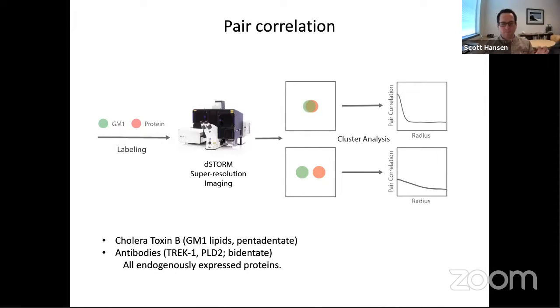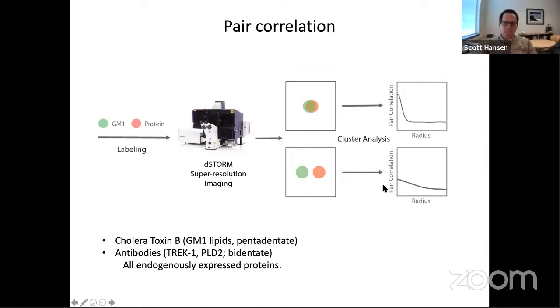So the way we do this is we have to dual label. We label the lipid, usually we're labeling GM1 domain, and then we label the protein. And then we do what's called a cross-pair correlation, where we statistically see how close these things are together. If they're paired in this analysis, we see this kind of sharp decrease and flattening out.